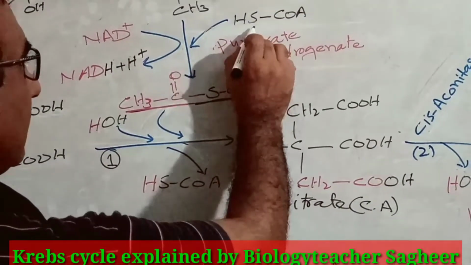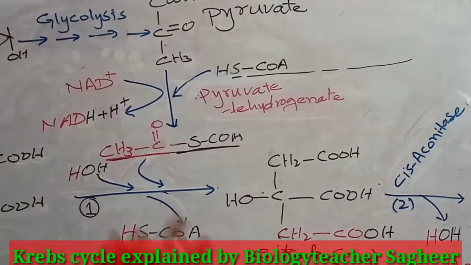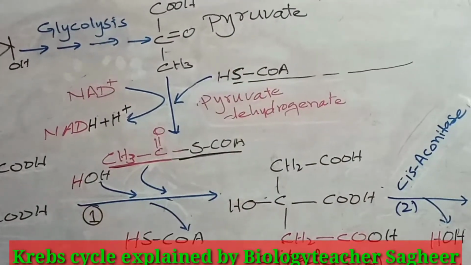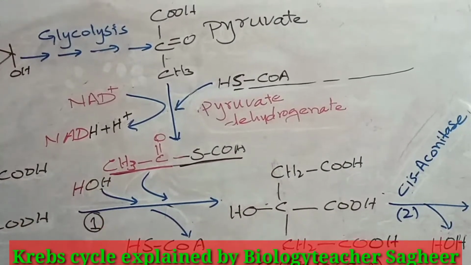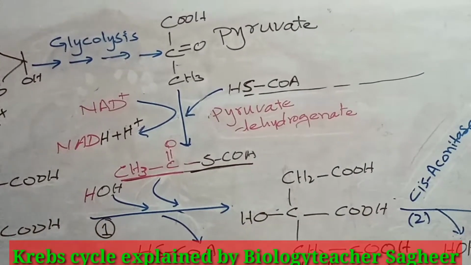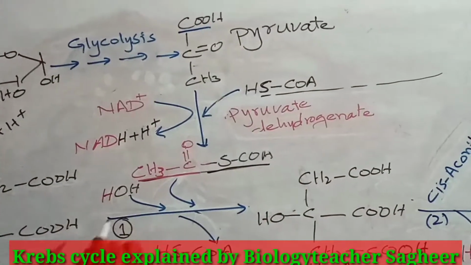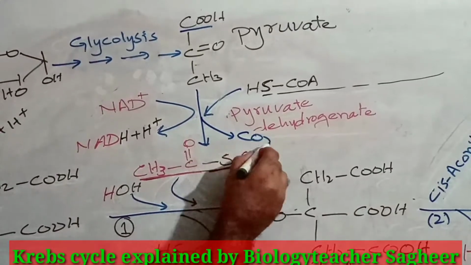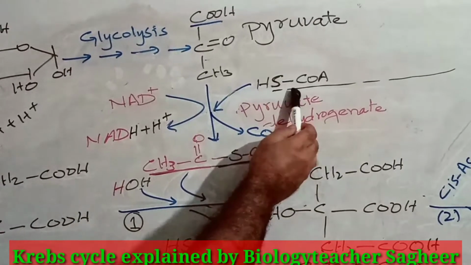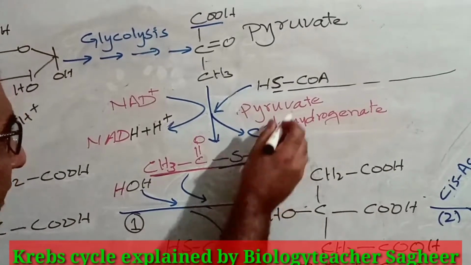We suppose that coenzyme A is a large molecule, and it is this very part, sulfur, that reacts with hydrogen. And what happens? Here, carbon dioxide is removed, this very COO. What is left is S-CoA.